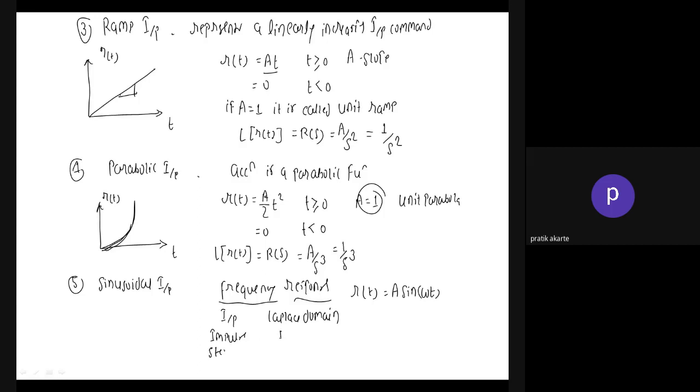The second one, the step input, is A upon s. Then we have the ramp input, A upon s square, and then the parabolic input, which has Laplace transform A upon s cube. Mostly I think we will be concentrating on the step input.